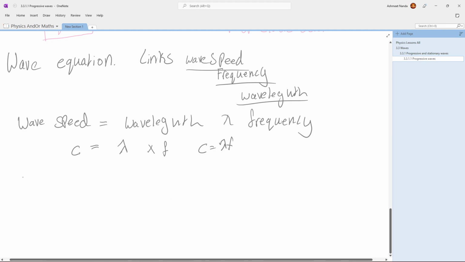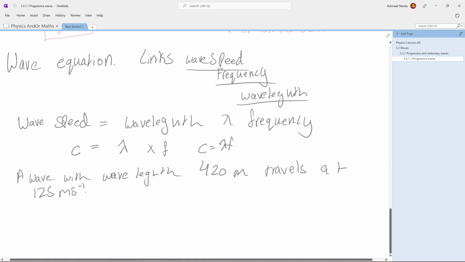Now, if we had an example, a wave with wavelength 420 meters travels at 125 meters per second. Find the frequency. Well, pretty simple if we just plug in the values.